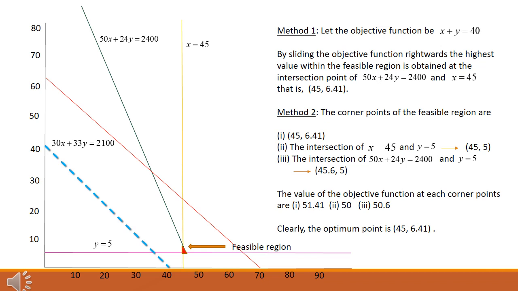So for these two, the valid side will be the region towards the origin. But for x is greater than equal to 45, when x is equal to 0, the inequality is not satisfied. So we take the valid side as that part away from the origin.